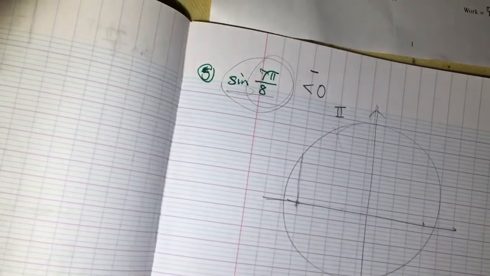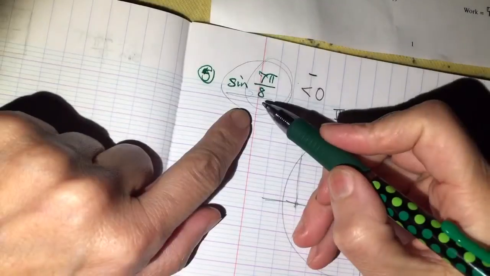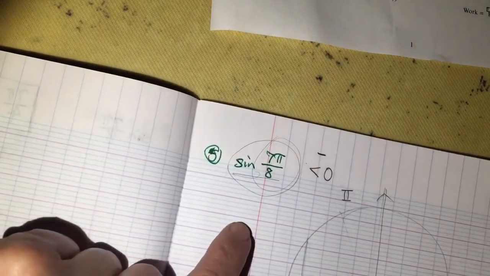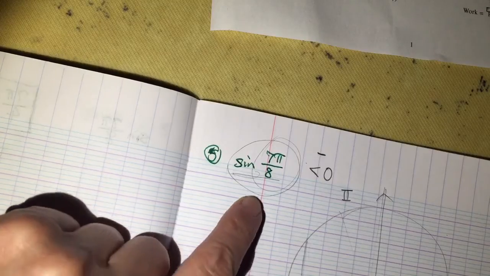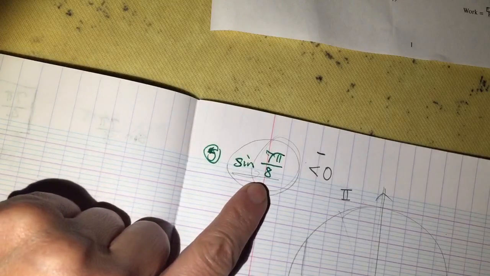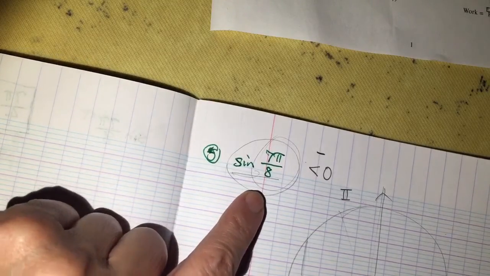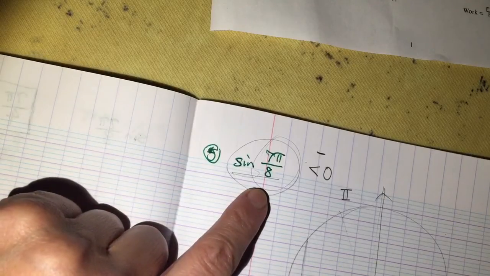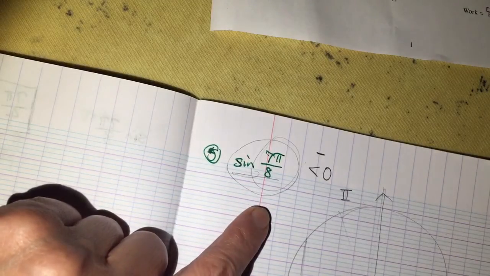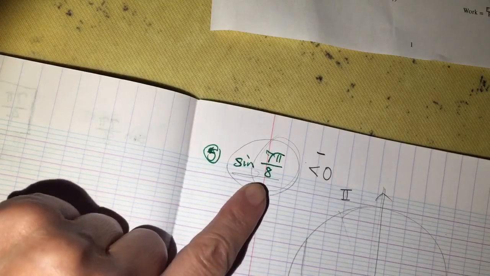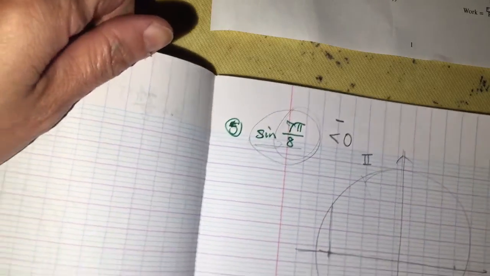Now we will take a look at this angle. I am not so familiar with pi over 8, but I'm more familiar with pi over 4, which is 45 degrees. So we can use the half angle formula to solve this problem.